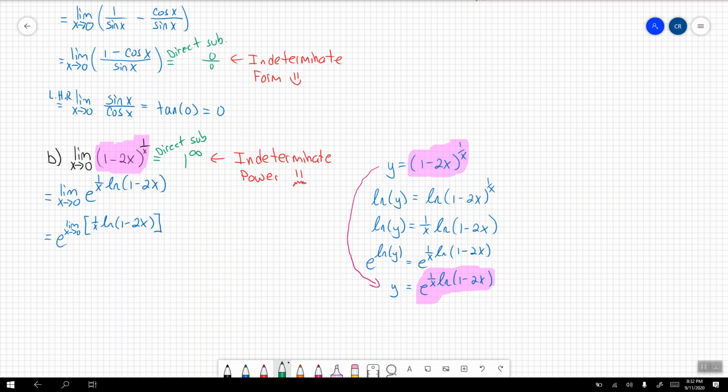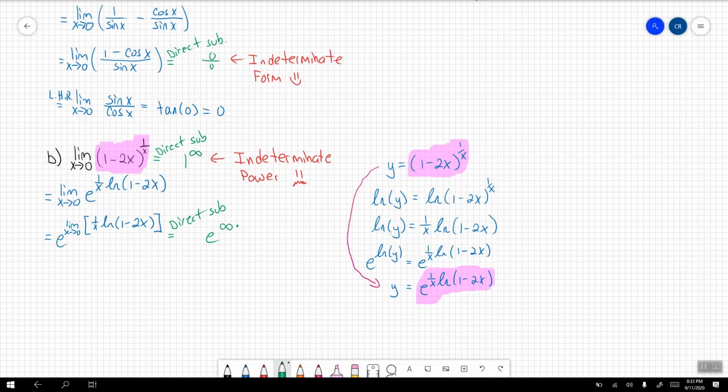Let's try a direct substitution now, now that we've manipulated so far. We're going to get e to the power of 1 divided by x as x tends to infinity, so this is going to be some form of infinity multiplied by the natural log of 1.